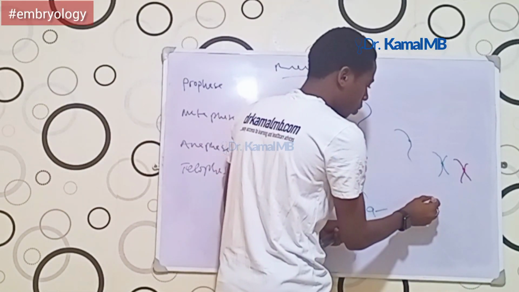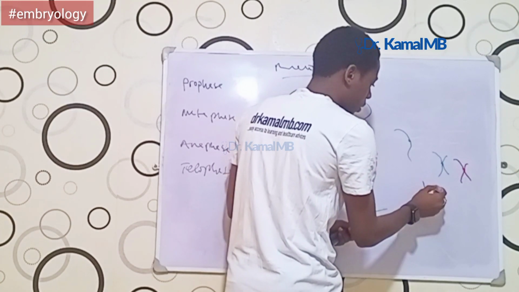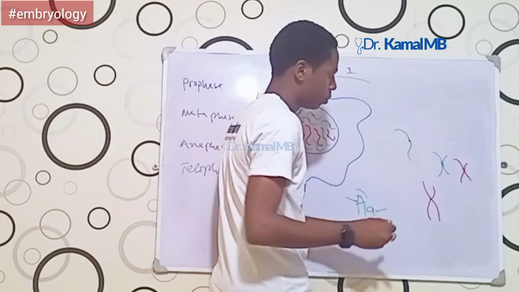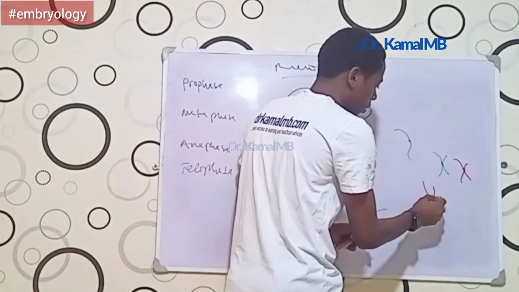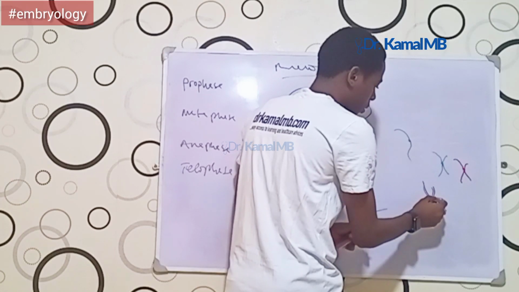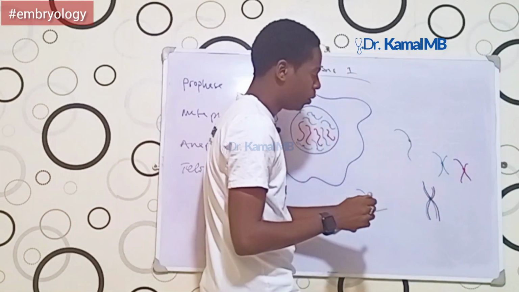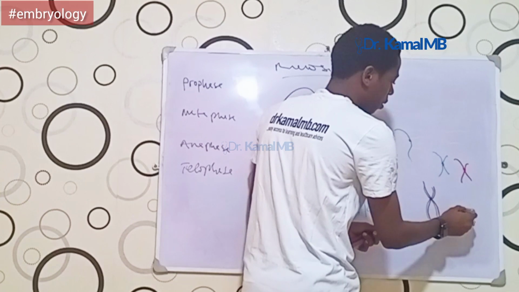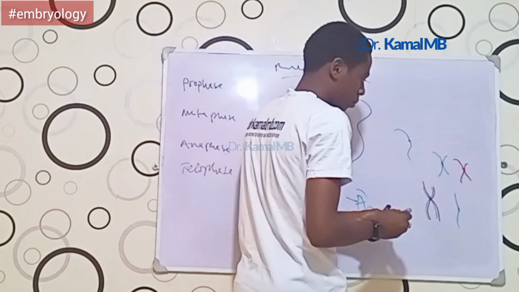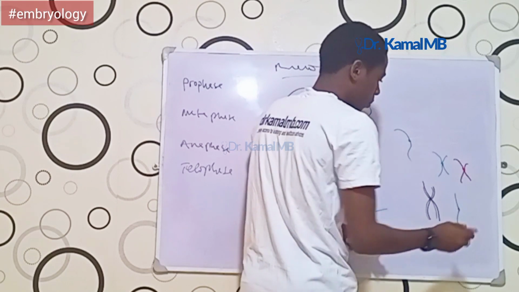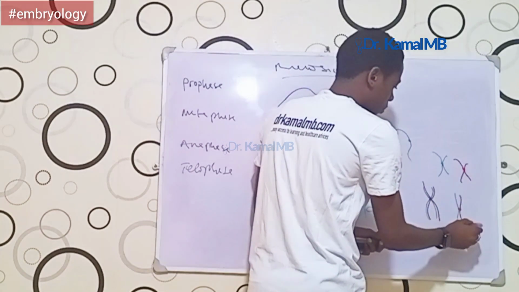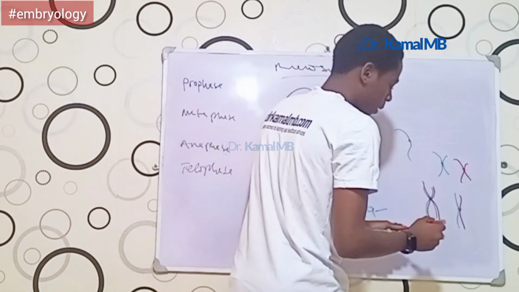From the front view, you will see it like this. They are hugging one another. And from the side view, you will see it like this. This one is from the side.